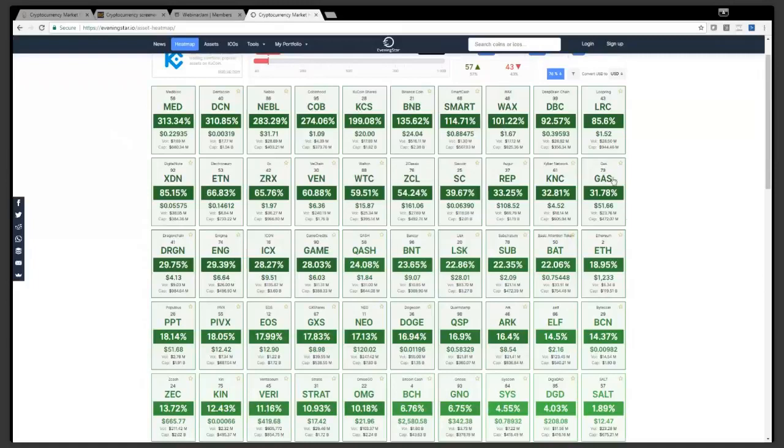These ones were all very, very fabulous. BAT, another one, Ethereum as well, EOS. All of these have seen a nice gain over the week. Doge was another one that we were able to take advantage of, and we took the profit from these coins and we allocated it over to the coins that have fallen.